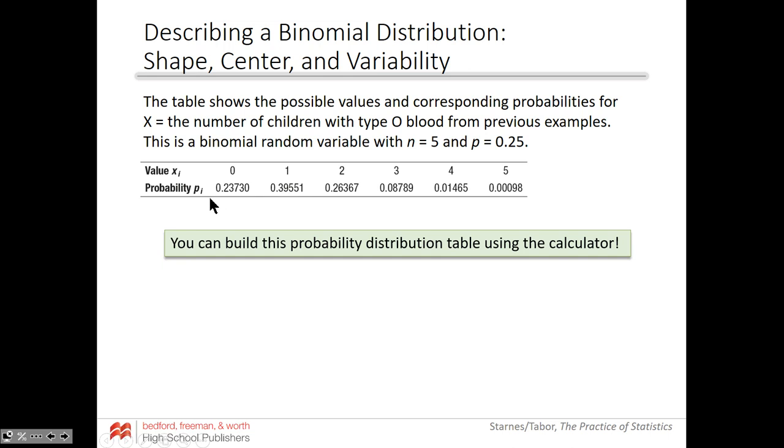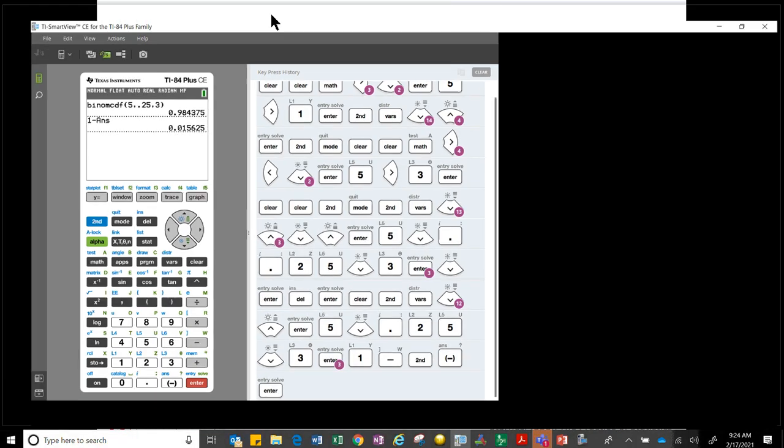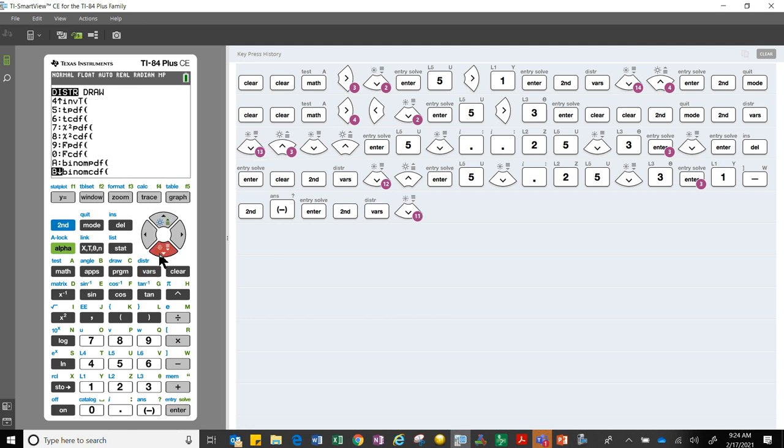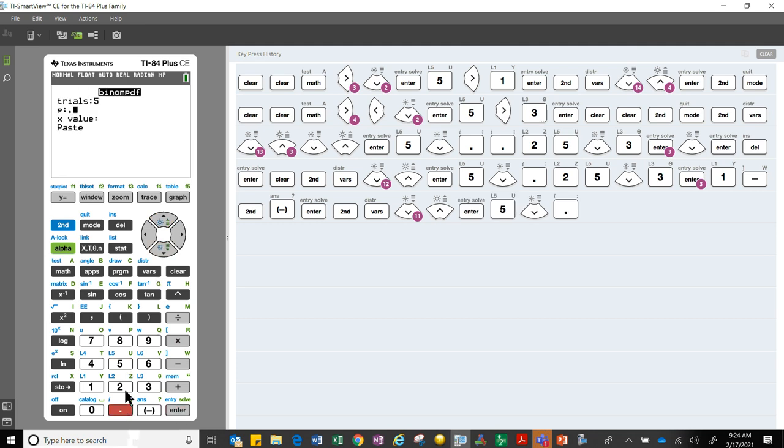You could build this probability distribution table using the calculator, but this is what the table is going to look like. You could go to your calculator and type in second distribution, scroll all the way down, binomial PDF, 5 kids in the family, probability of success is 0.25.